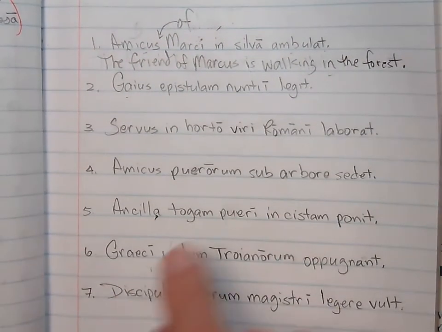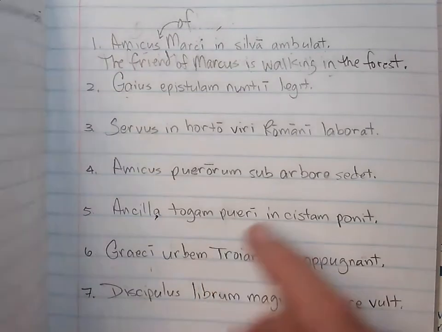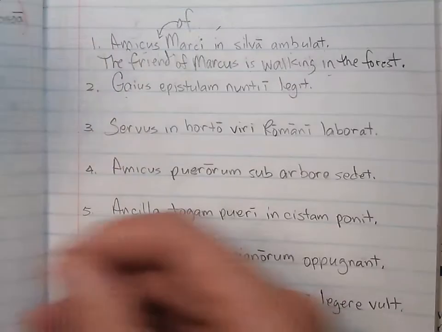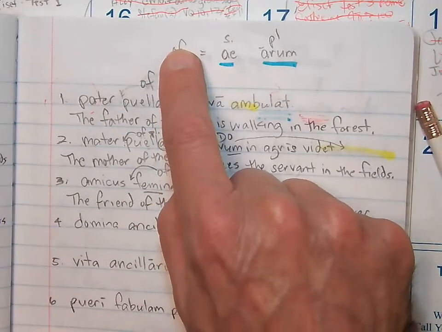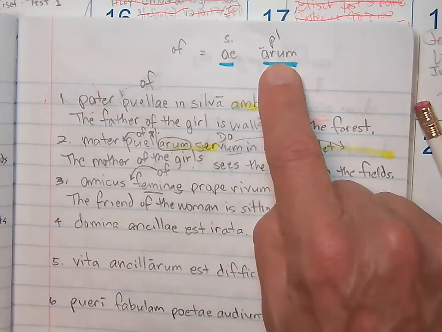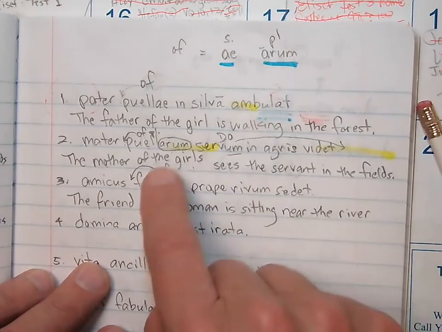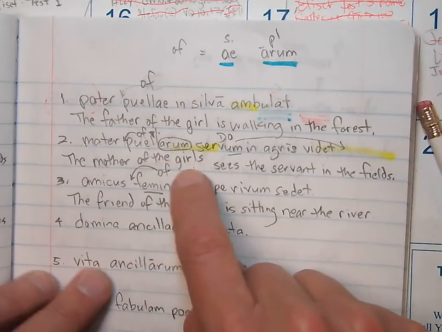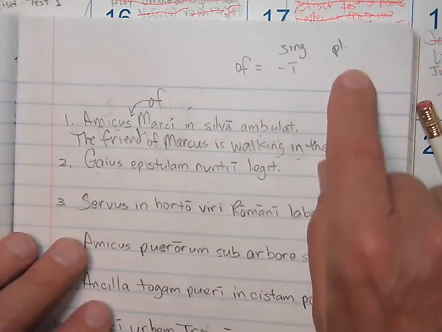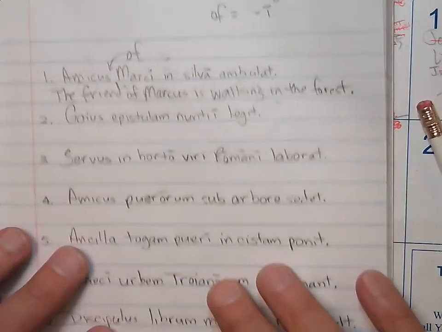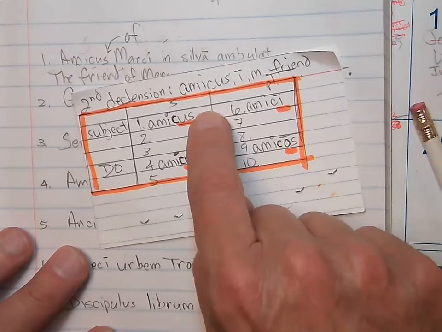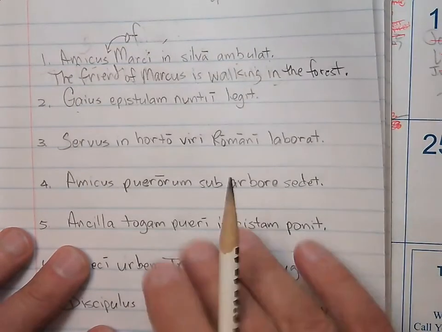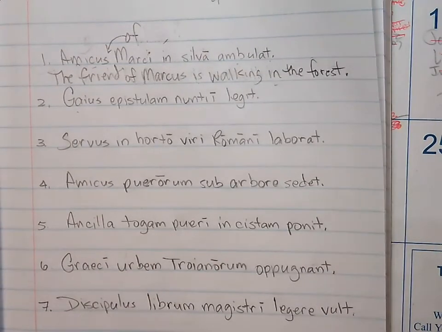And before I go through the answer with you, if you look back at the previous exercise we did, we found out that the ending that tells me of plural in the blue family is ARUM. We learned in the previous exercise that ARUM says of the girls. So the question is, do we have an ending anywhere in this exercise that's going to tell me of plural in the orange color? So take a look at number 4. Do you see anything like ARUM?